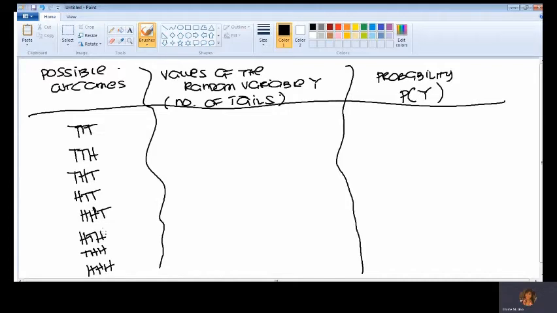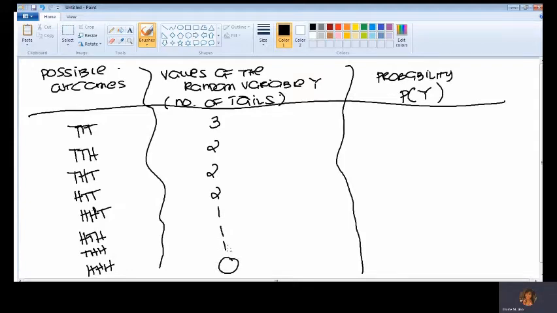And then count the number of tails in each outcome in the sample space and assign this number to this outcome. Okay, so we have 3 tails, 2 tails, 2 tails, 2 tails, again, 1, 1, 1, and then 0.